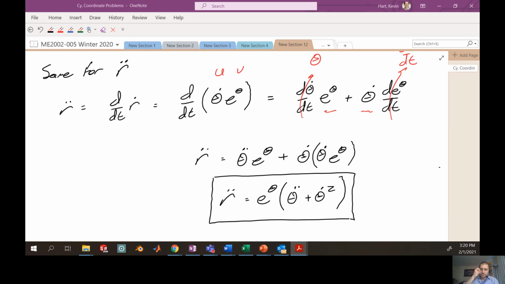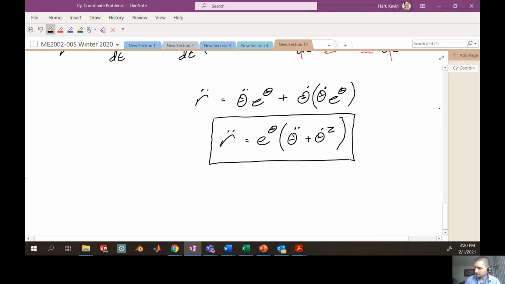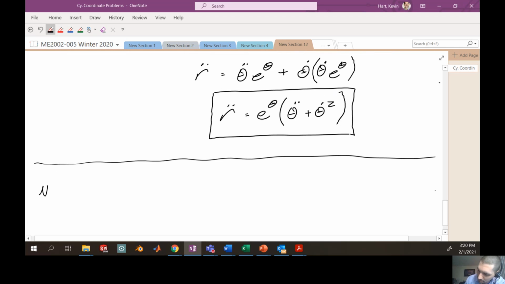Okay. So now that we have expressions for r dot and r double dot in terms of things we know, so remember, we know θ double dot and θ dot at a certain value of θ. So we can start to figure out what's happening in this particular problem. So now let's use information we know. Right.